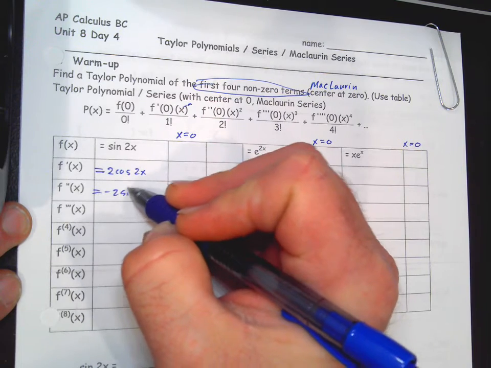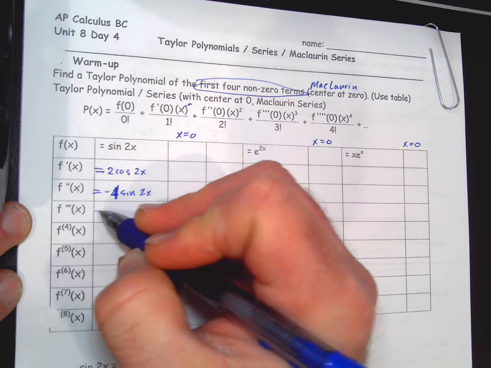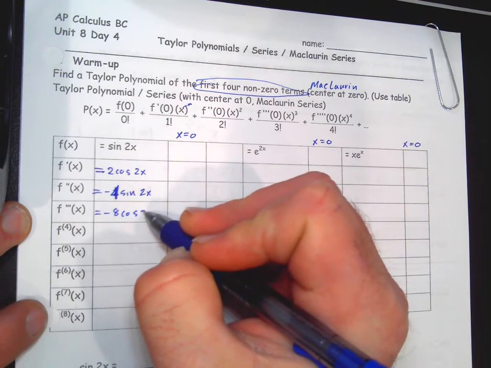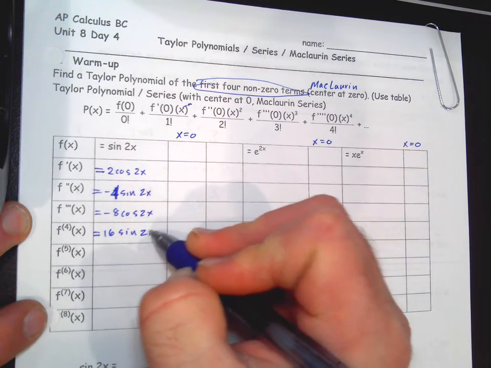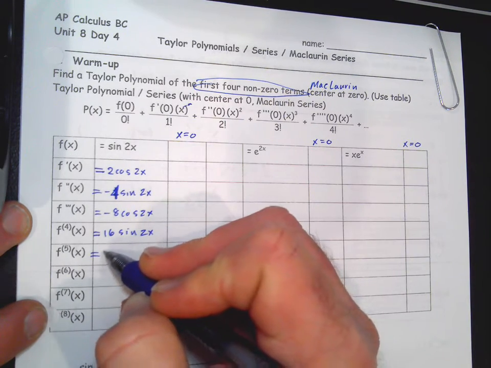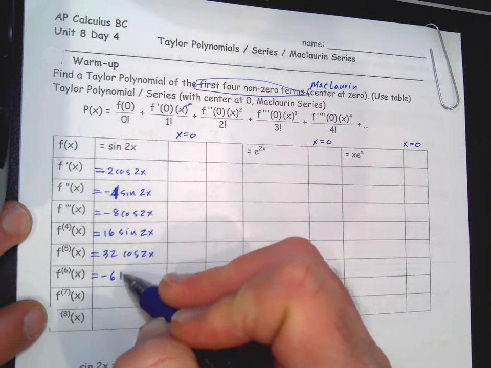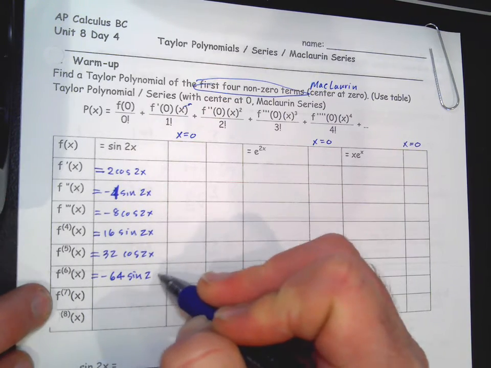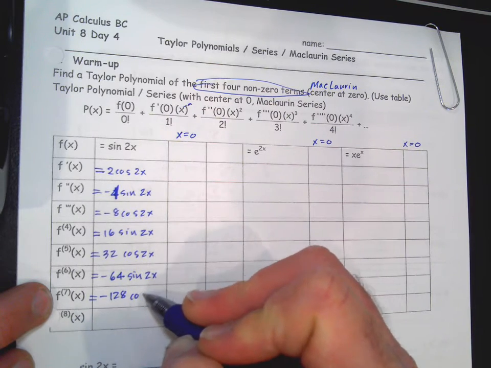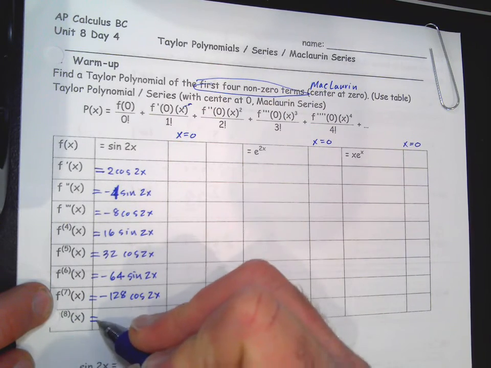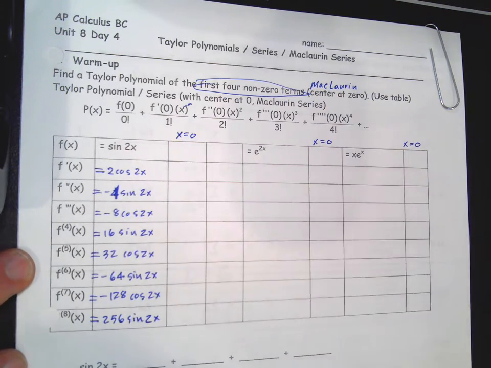Then -4 sine 2x, -8 cosine 2x, positive 16 sine 2x, 32 cosine 2x, -64 sine 2x, -128 cosine 2x, and positive 256 sine 2x. So it's not super hard, but it's a little tedious.